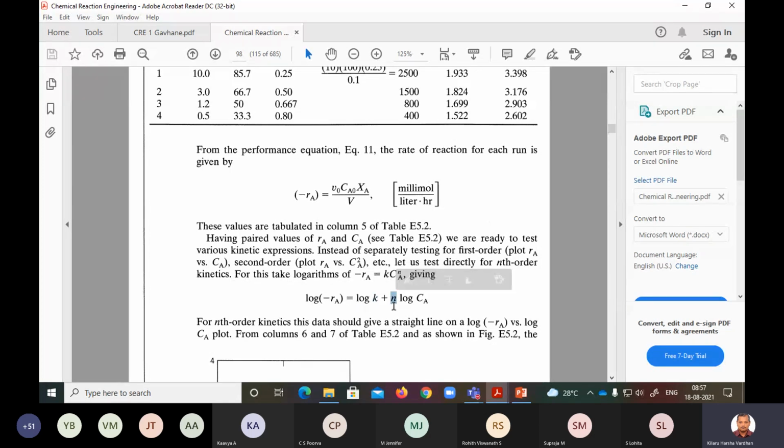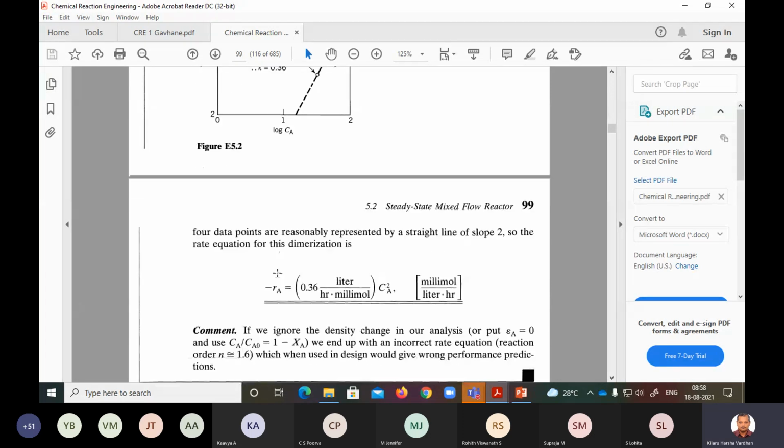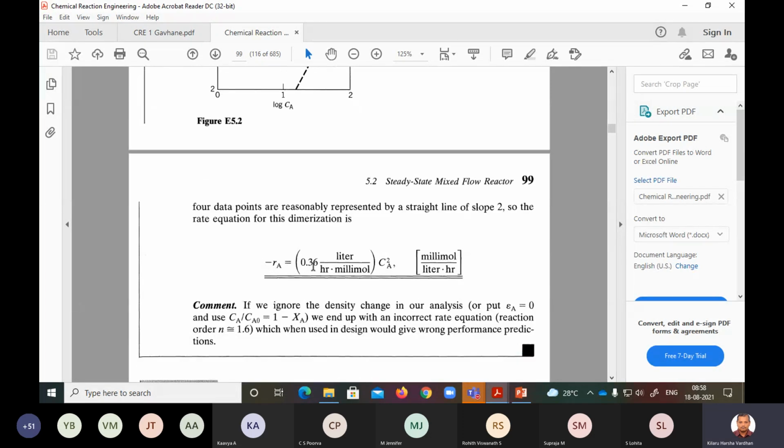If you calculate the slope, you get N, and the intercept will give you log K. The slope of this particular line is 2. So K is 0.36.